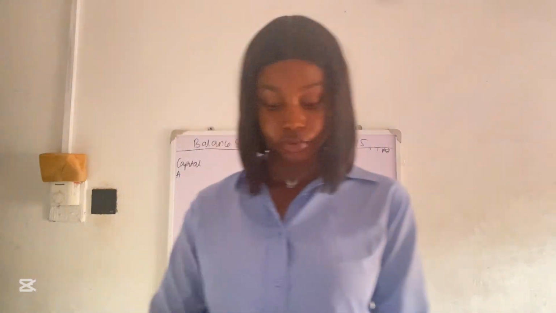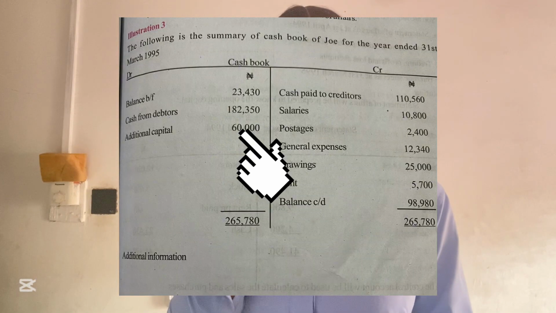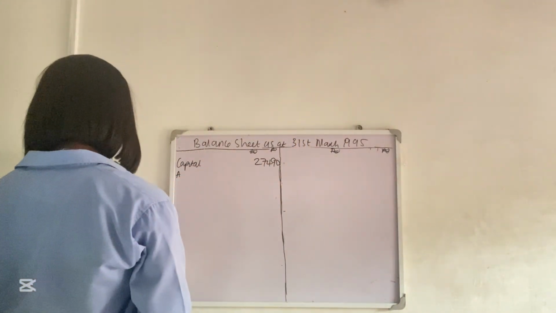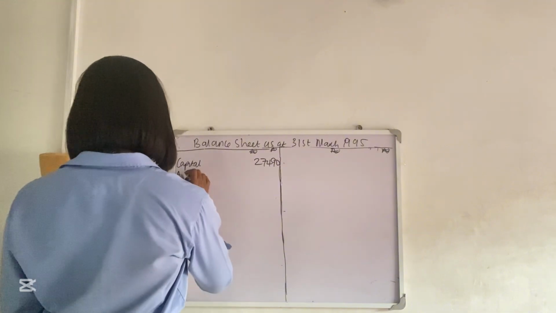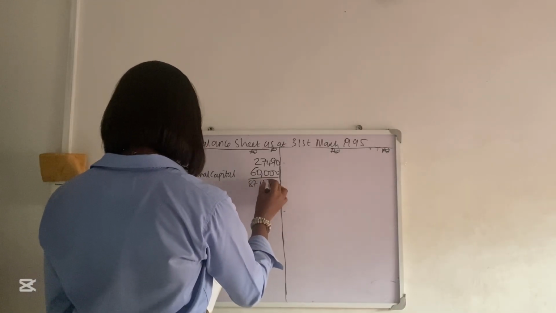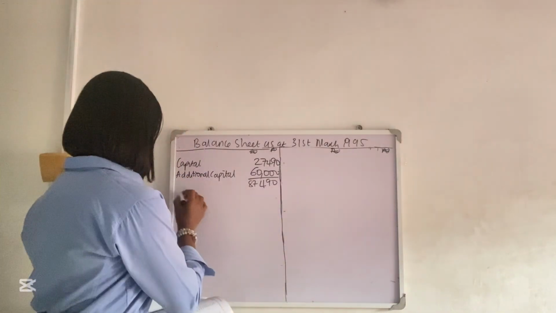Remember, in our cash book, there was an additional capital of 60,000 naira. So we need to add it, 60,000. That will give us 87,490.